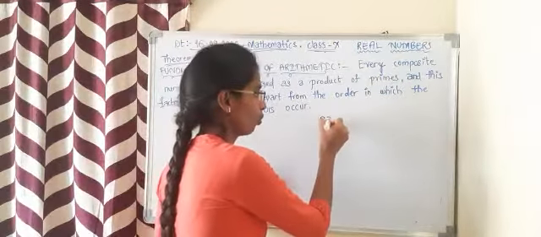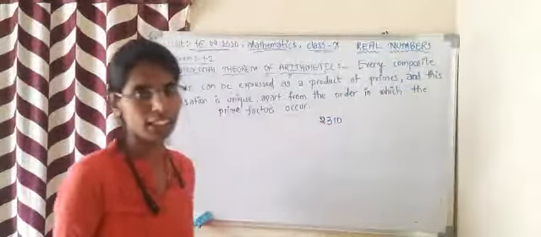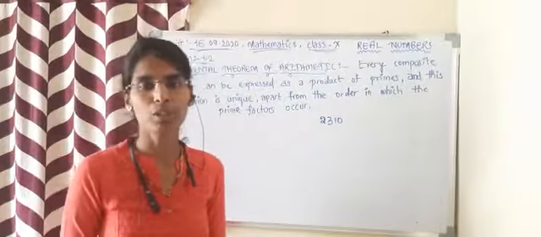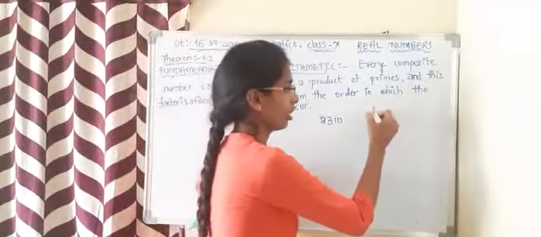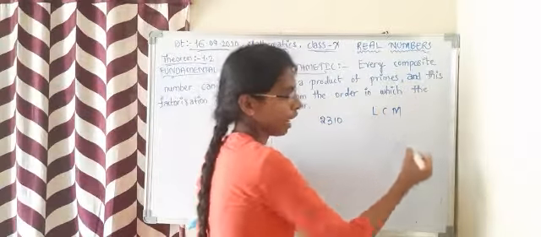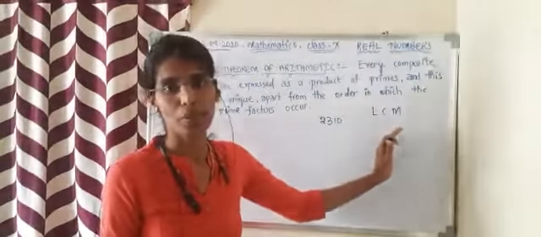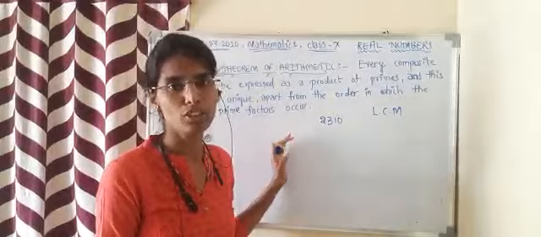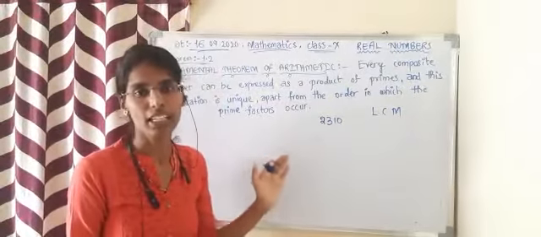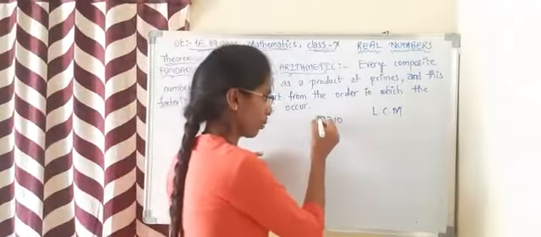We have 2310. Normally we find the product of the factors. We find the factors of this by using a method called LCM, that means least common multiple. Through LCM, we will be able to find the factors of any given number. Let us see how it is done.